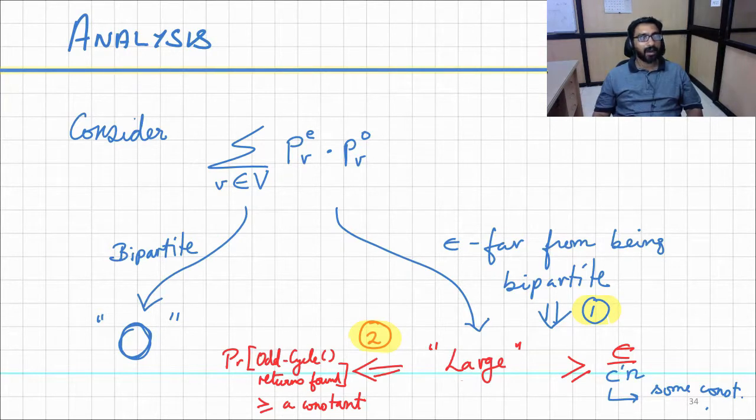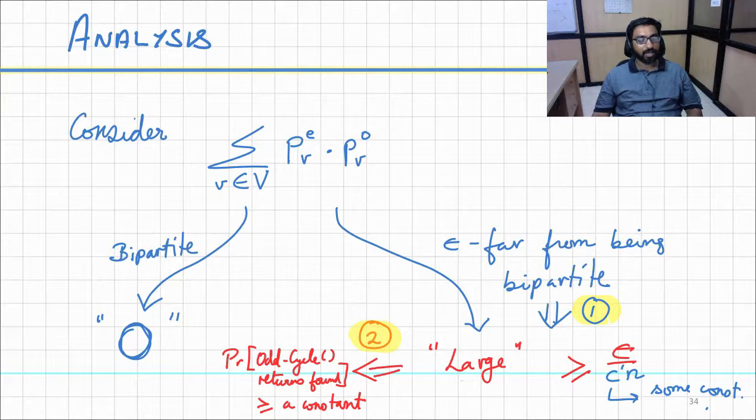If the graph is bipartite, for each vertex V, either PV of E is 0 or PV of O is 0, because starting at S, each other vertex can only be reached by either an even length path or an odd length path. So one of these probabilities is going to be 0, and the entire summation is going to be 0.